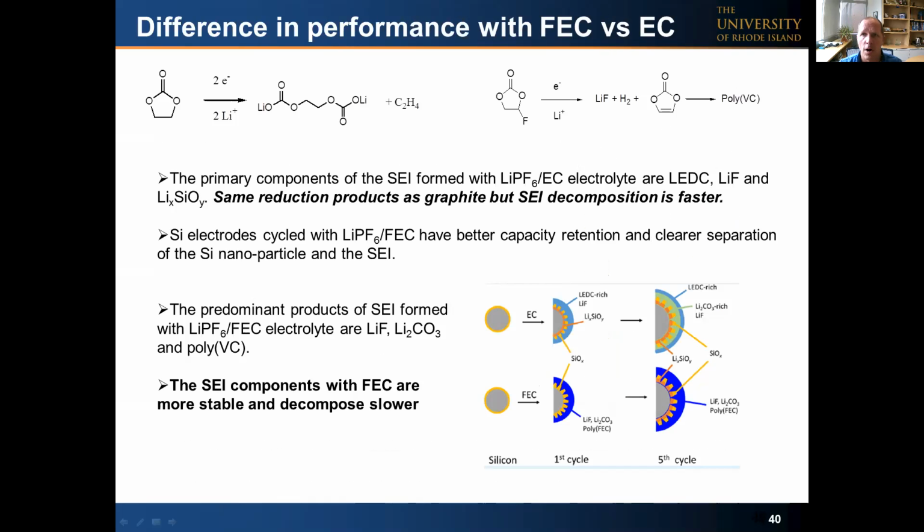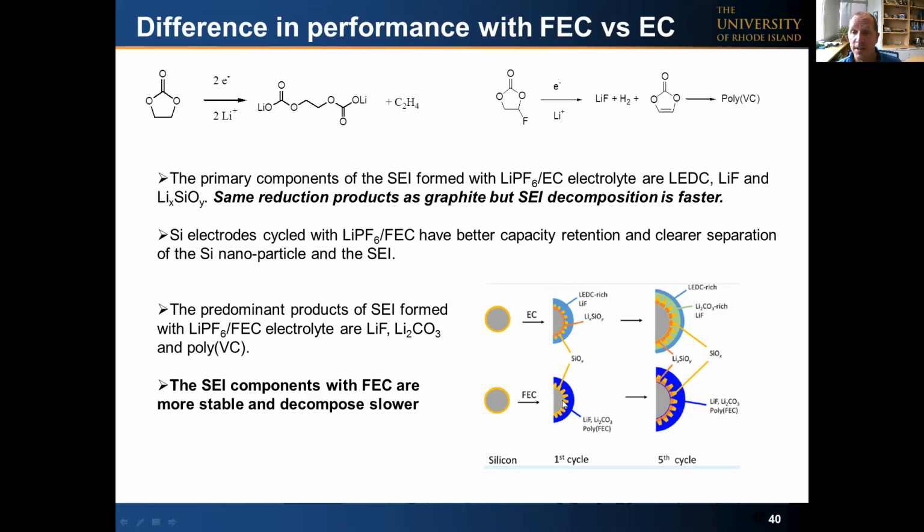Now, if we look at the overall difference in the performance of FEC versus EC, we can see that EC, ethylene carbonate, reduces to generate lithium ethylene dicarbonate, while FEC reduces to generate lithium fluoride and poly VC. And basically what we have with the EC-based electrolyte is a lithium ethylene dicarbonate rich SEI. However, upon additional cycling, the lithium ethylene dicarbonate decomposes, and we end up with an inner SEI which is rich in both lithium carbonate and lithium fluoride, and an outer SEI which is rich in lithium ethylene dicarbonate.